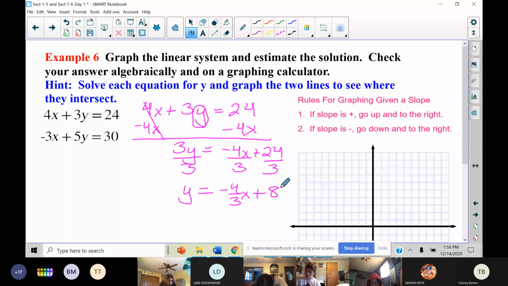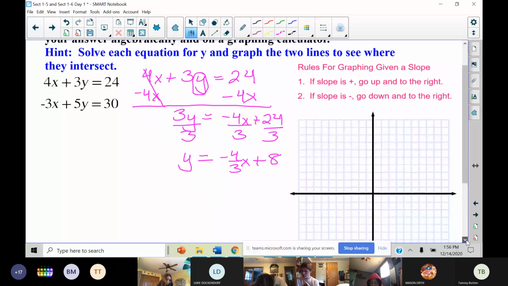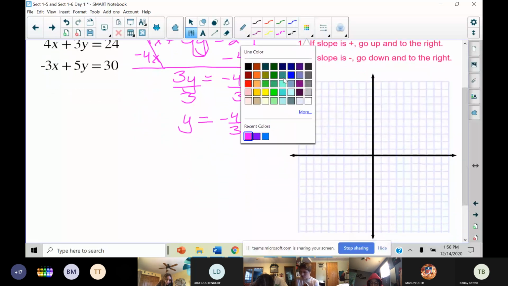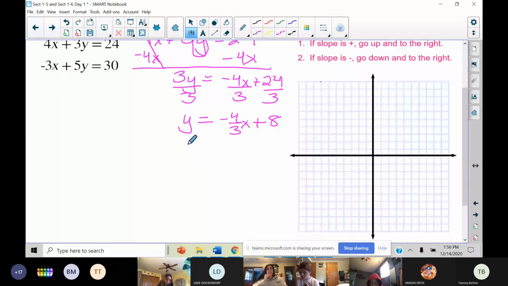So 4/3 is already reduced. 24 divided by 3 is 8. So then what I would do is I can now graph it. I know my slope is negative 4/3, and I know my y-intercept is 8. So on my graph, I'm going to go up to 8.